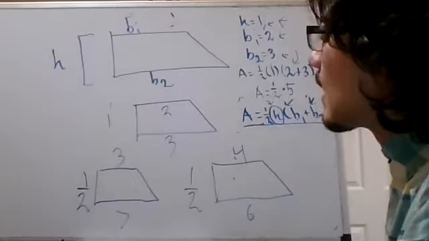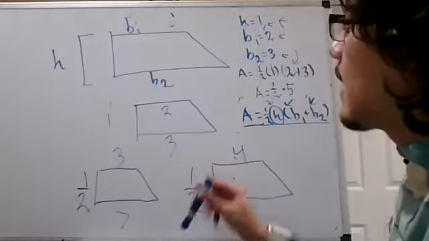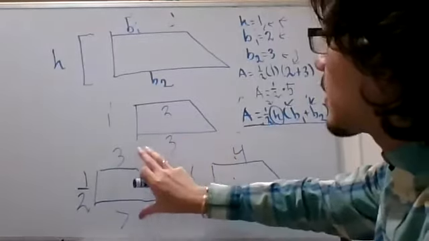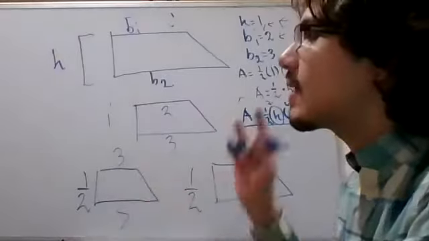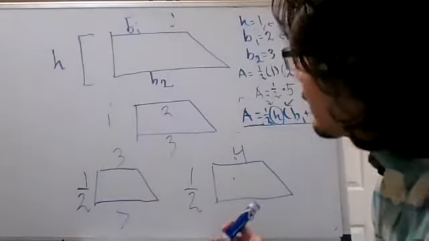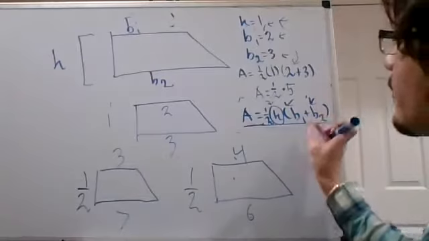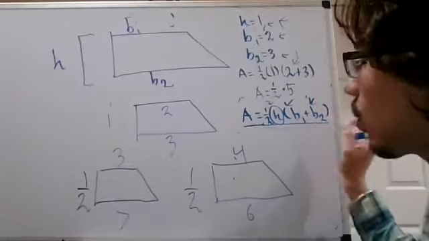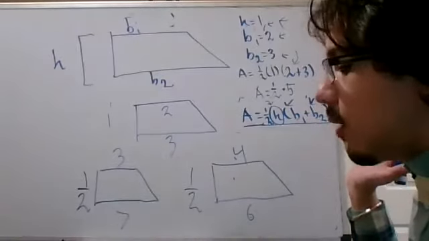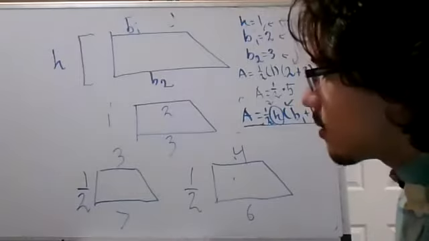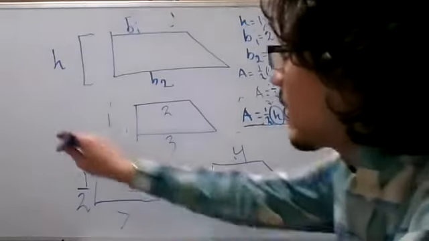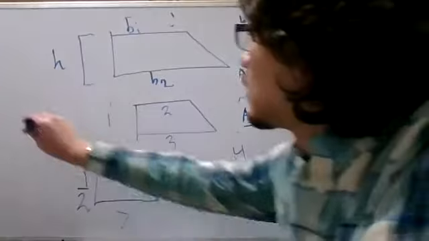So if we have the height, that means base 1 plus base 2 must be doubled. If we think about it the other way, if base 1 and base 2 were to come out to half of what it did originally, that would mean that we have to double the height.